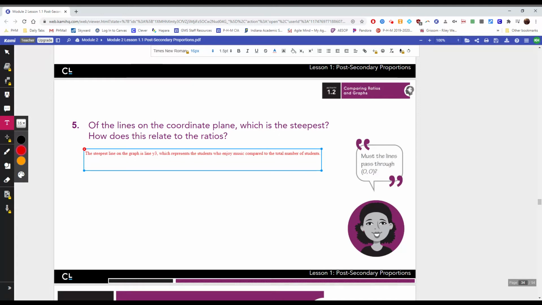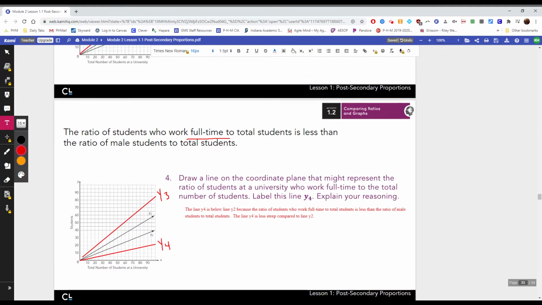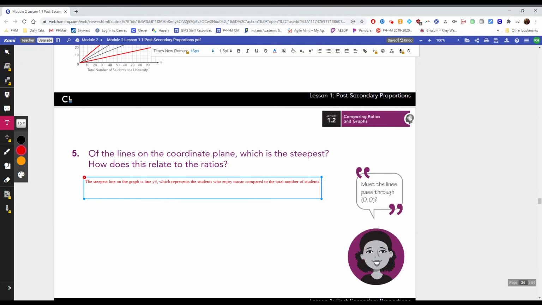So how does steepness relate to the ratios? You should notice as we went through this activity that the bigger the ratio, the steeper the line on the graph.